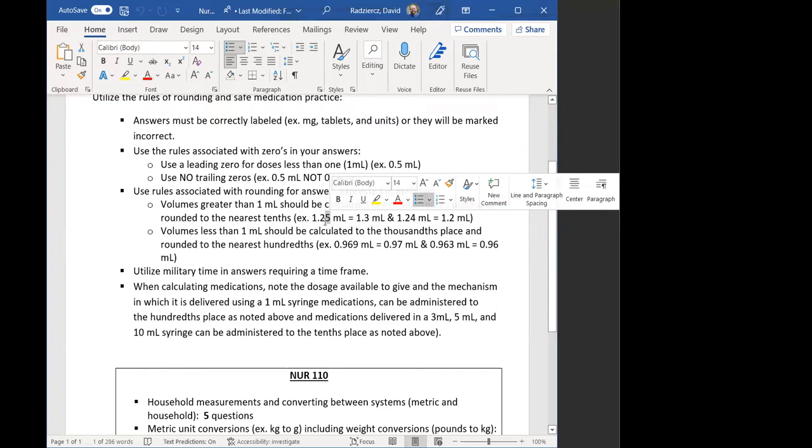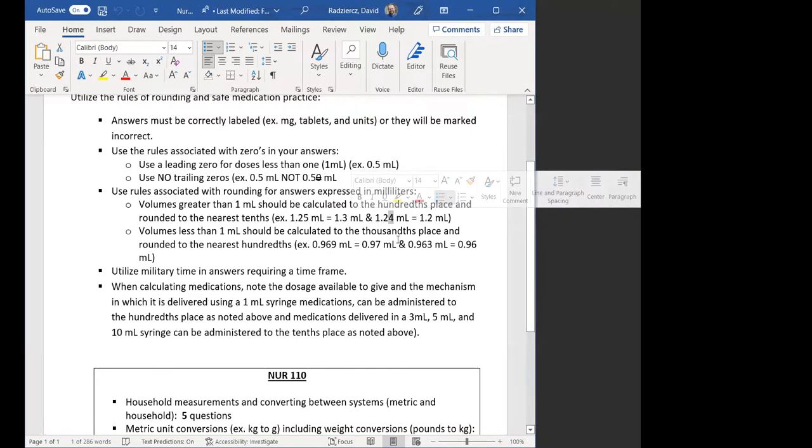So if it's 1.25 milliliters, you're going to round up your answer to 1.3 milliliters. If it were 1.24, again, we're looking at the hundredths place here. The hundredths place is what tells us what to do with the tenths place. Since it's 4 or fewer, we would say 1.2 milliliters is the correct answer.